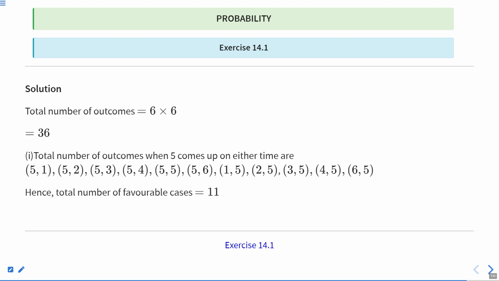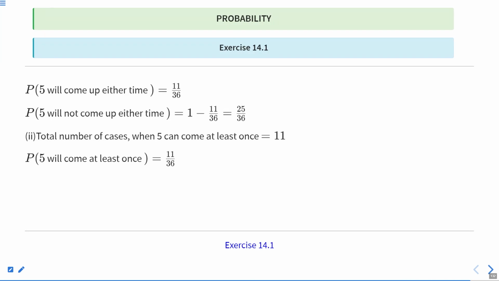Okay, so these are all possible outcomes when 5 comes up either time, and hence total number of favorable cases is equal to 11. So now probability 5 will come up either time is equal to 11 by 36.